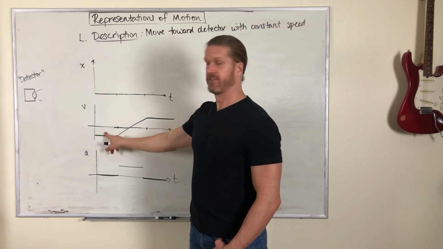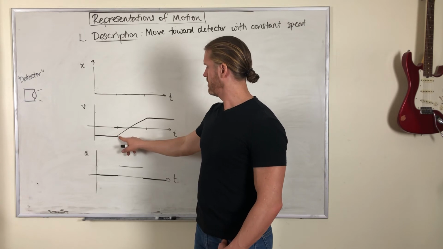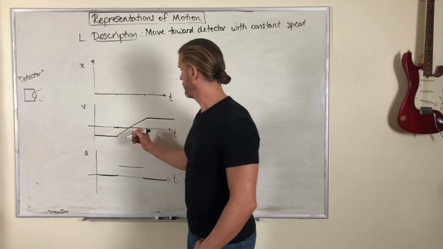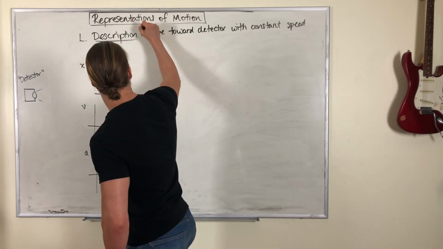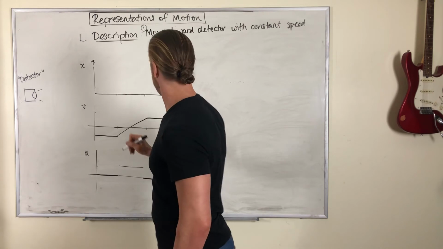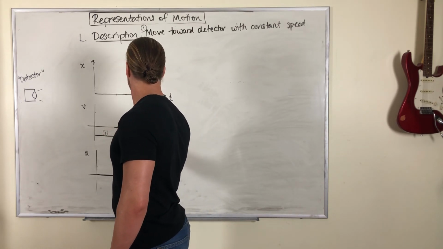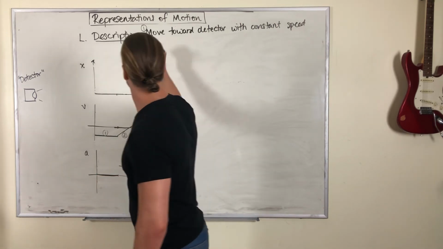So that covers at least this bit. Now, what happens? Actually, let me separate this into 4 parts. So first part, move toward the detector with constant speed. That's here. Second part, third part, fourth part.